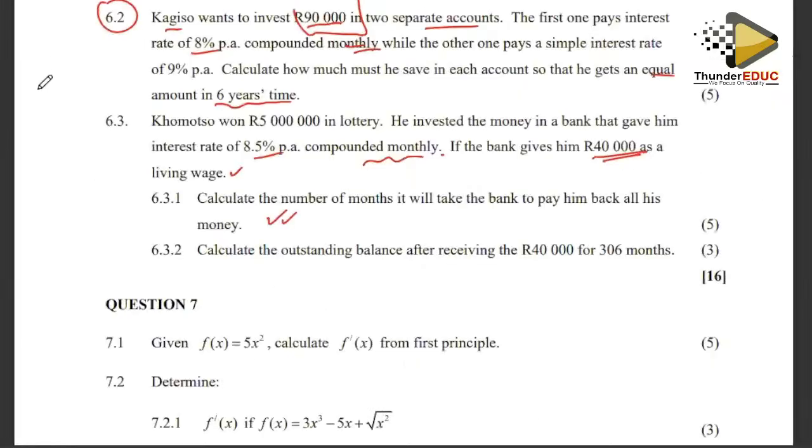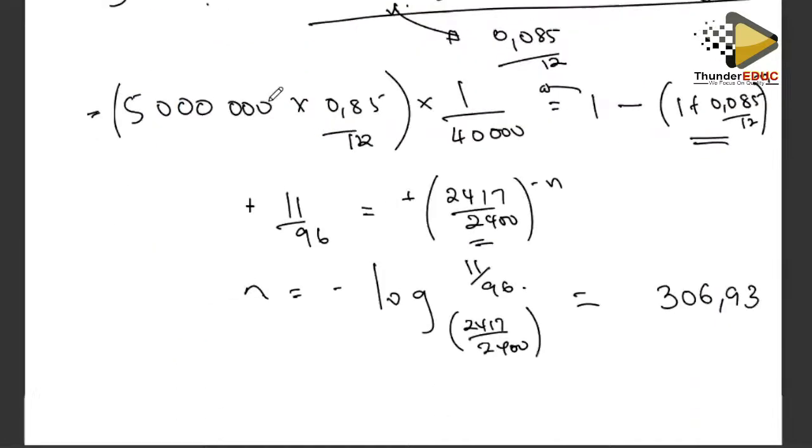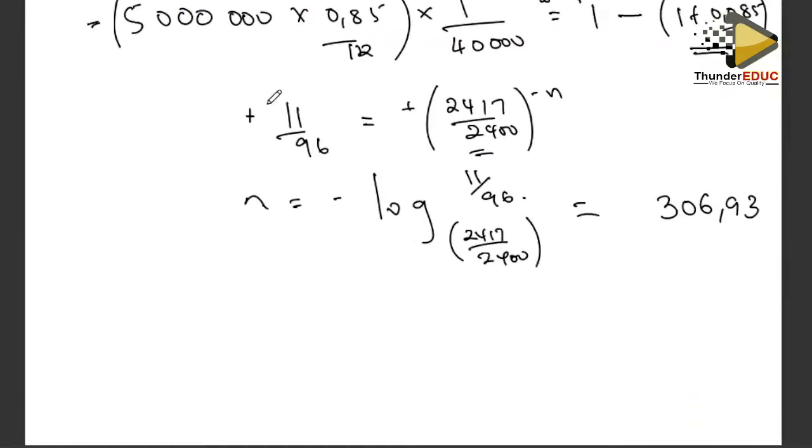Now the question is asking us to calculate the number of months it will take the bank to pay him back all the money. So instead of 306, this guy is going to get 307 payments, because it's going to be 306 full payments, and then the last payment is not going to be full.